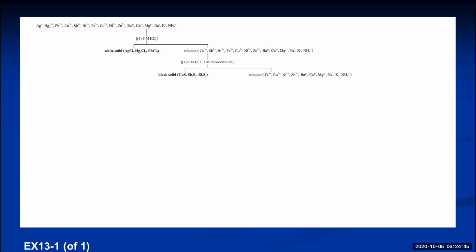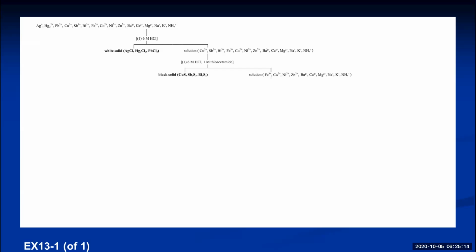For the copper 2 sulfide and the bismuth 3 sulfide, we dissolved the precipitates in nitric acid, and then added ammonia. The copper ions formed a bright blue complex ion with ammonia, indicating its presence. The bismuth precipitated out as bismuth 3 hydroxide, and we proved bismuth was present by reducing the bismuth 3 ions into bismuth metal, which turned black.